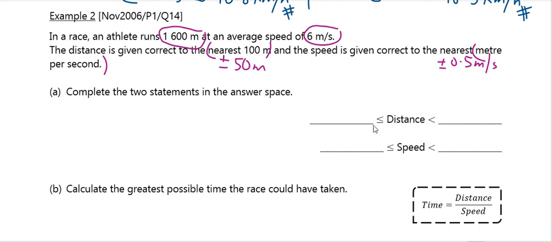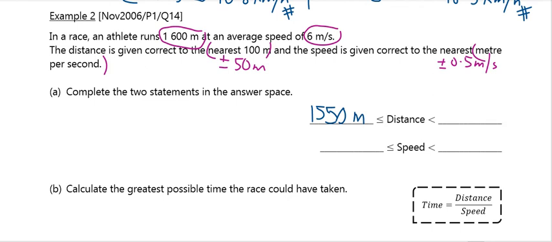So A, complete the two statements in the answer space. You have the inequalities for distance and speed. Here you will put your lower bound on the left side and your upper bound on the right side for each unit. For distance, your lower bound is 1,600 minus 50 meters, so you will get 1,550 meters, right?